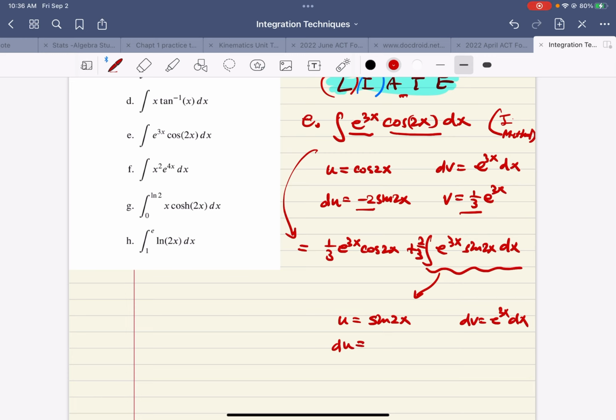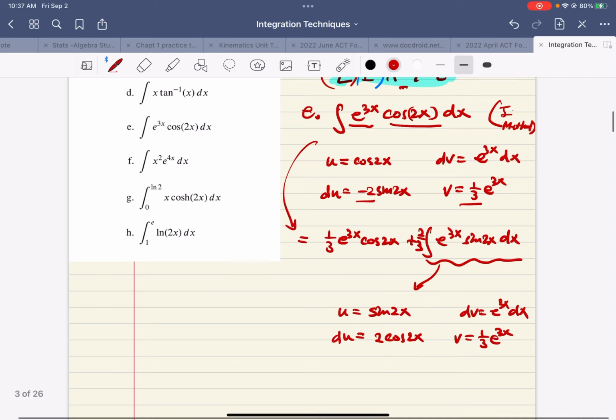So du, when you take a derivative, is cosine 2x times 2, just 2 cosine 2x. Now v, when you take the antiderivative, is 1/3 e to the 3x.